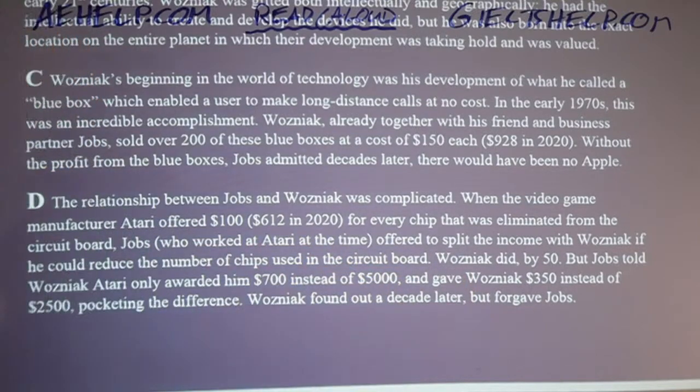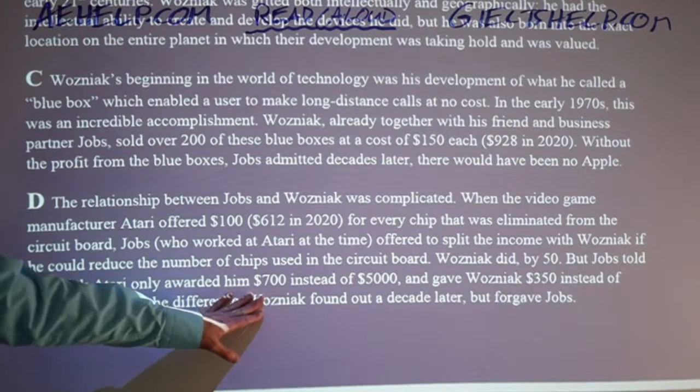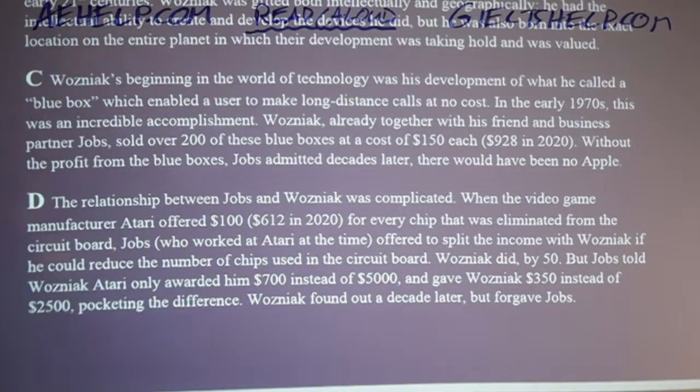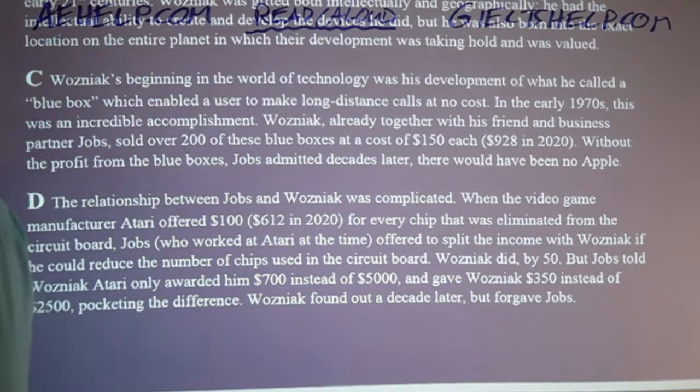Wozniak did by 50, but Jobs told Wozniak Atari only awarded him $700 instead of $5,000 and gave Wozniak $350 instead of $2,500, pocketing the difference. Wozniak found out a decade later, but forgave Jobs.